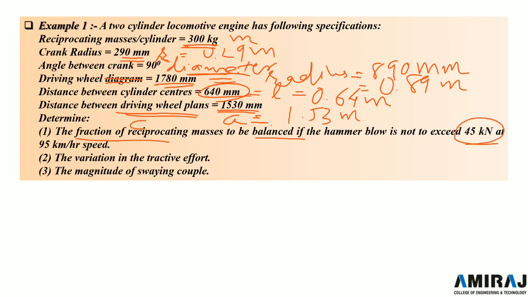The hammer blow value is not exceeding 45 kilonewton. Now, at 95 kilometer per hour, this is the speed, velocity v, and we know that v is equal to r omega, so we will find the omega and put it in that equation, m omega square r.